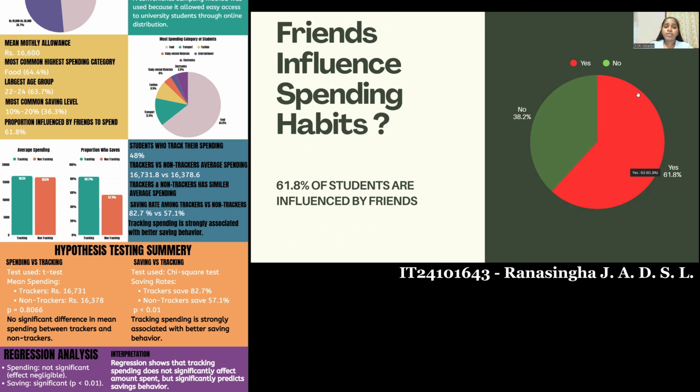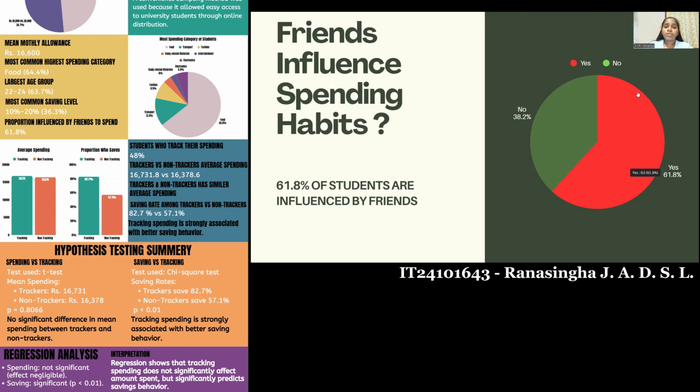Finally, we can discuss how often students buy things impulsively. Many students tend to buy things without planning. 60% say they sometimes make impulse purchases, which can hurt their ability to save.